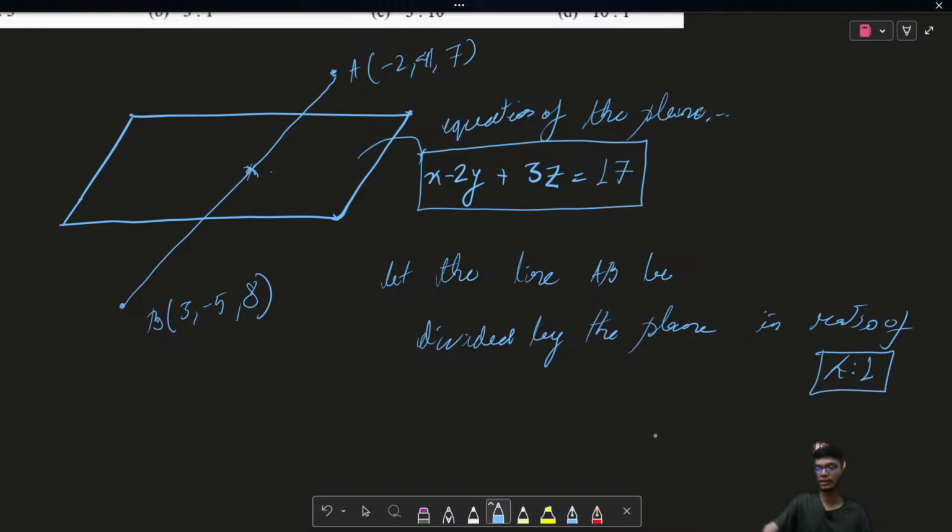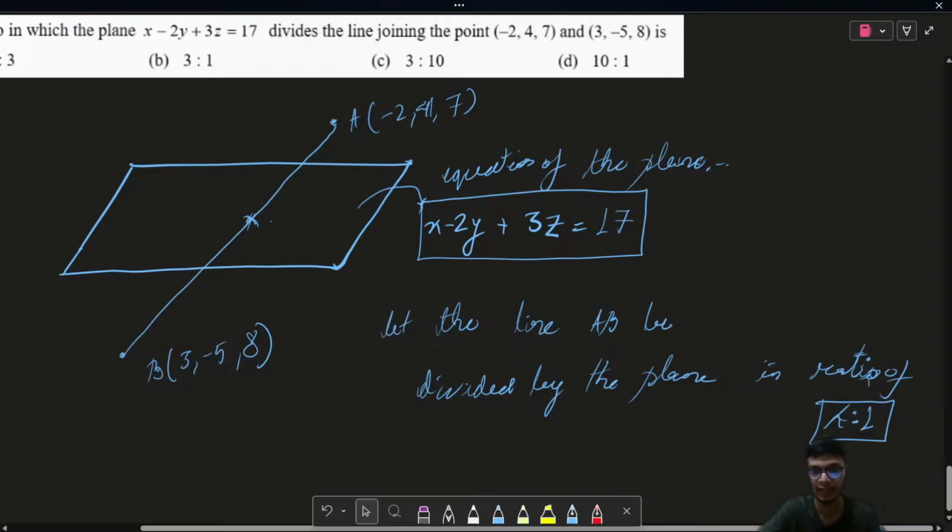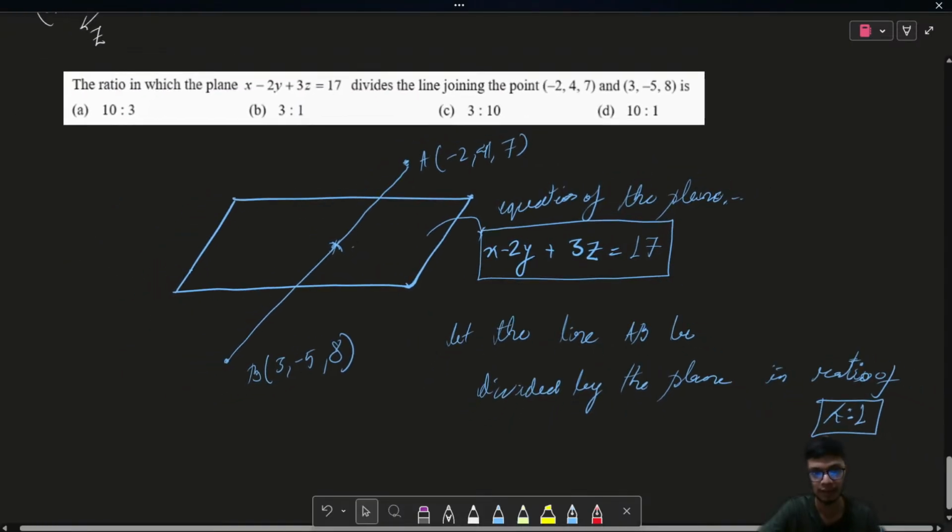And you have already seen from your junior classes that whenever you have questions of section formula, instead of assuming the ratio as m and n, it is always helpful to solve the problem as lambda is to 1, right? Because in that case, you will only have one variable. So that's why let us first of all assume the ratio to be lambda is to 1, right?